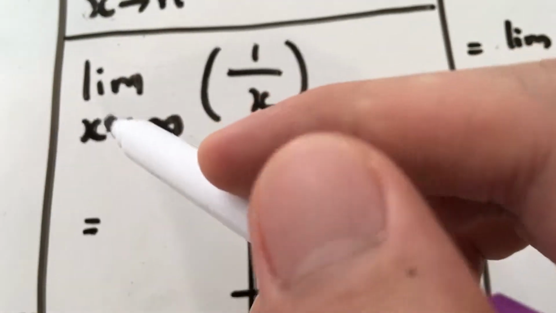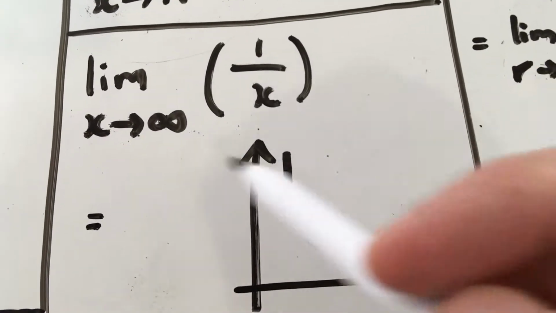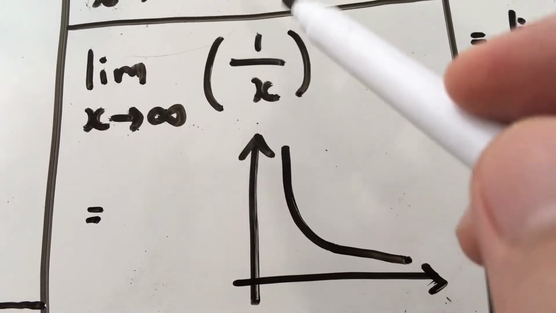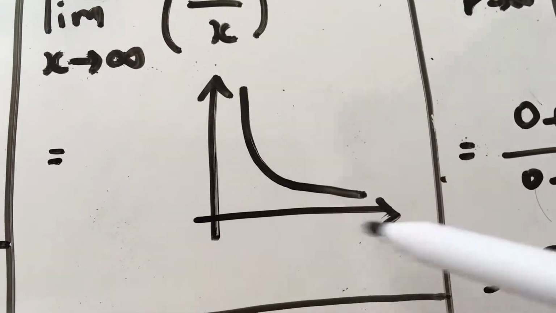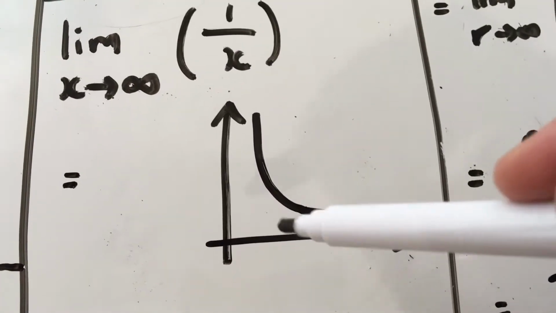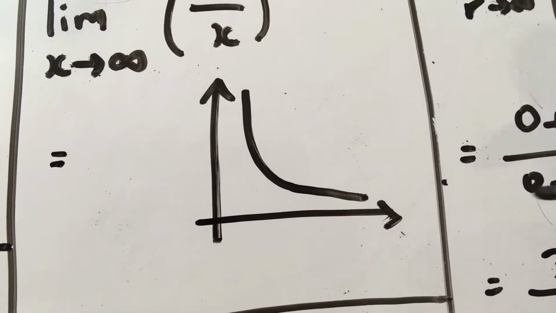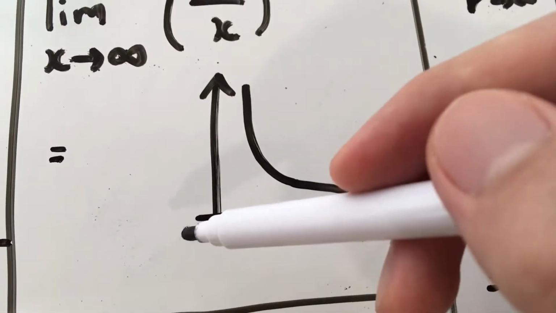Okay, what else? What if my limit is x approaches infinity, right? So let's see, I have this function, 1 over x. It's a reciprocal graph. It goes like this. As x approaches infinity, which means that the x keeps going and going and going, it's going to get closer and closer to 0, right?